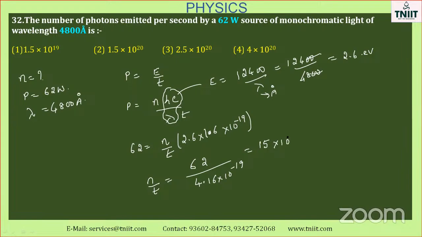Approximately you can take 15 into 10 power 19, or 1.5 into 10 power 20. So 1.5 into 10 power 20, that is option 2.